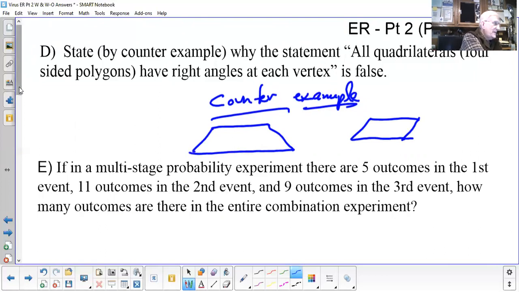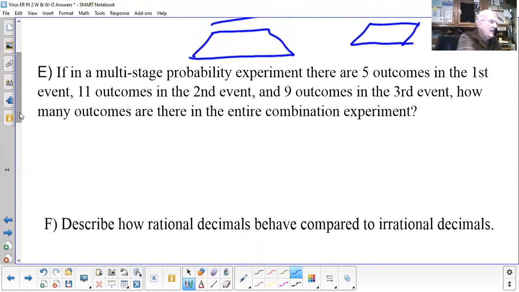Okay, look at statement E. In a multi-stage probability experiment, there are 5 outcomes in the first event, 11 outcomes in the second event, and 9 outcomes in the third event. How many outcomes are there in the entire combination experiment, the first event followed by the second, followed by the third? What do you do with these numbers of outcomes? Do you add them, or do you multiply them?